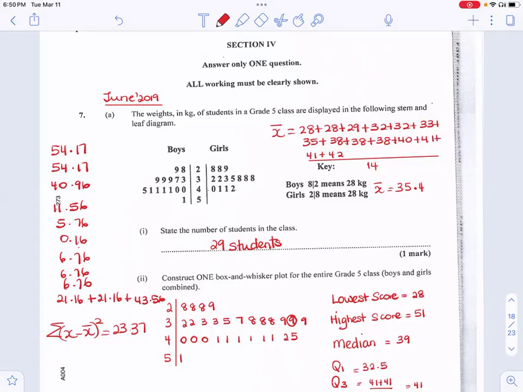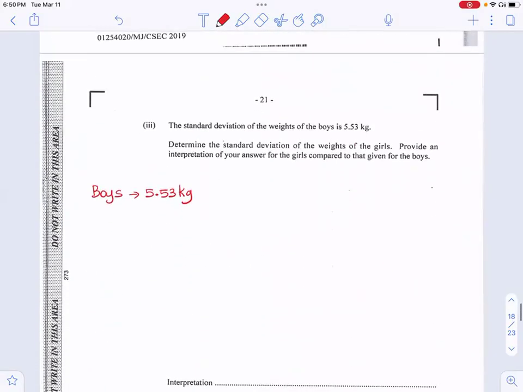Shazad got 23.37. Okay. So 23.37 divided by 14, then the square root of that. For the girls, their standard deviation is 4.83 kilograms.